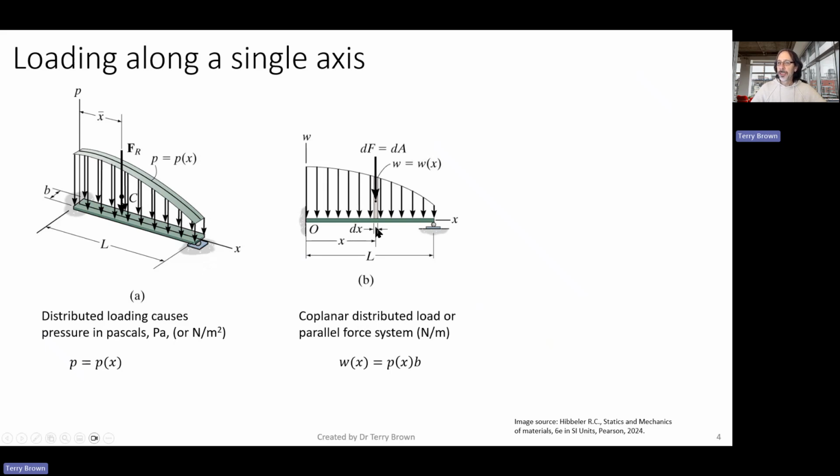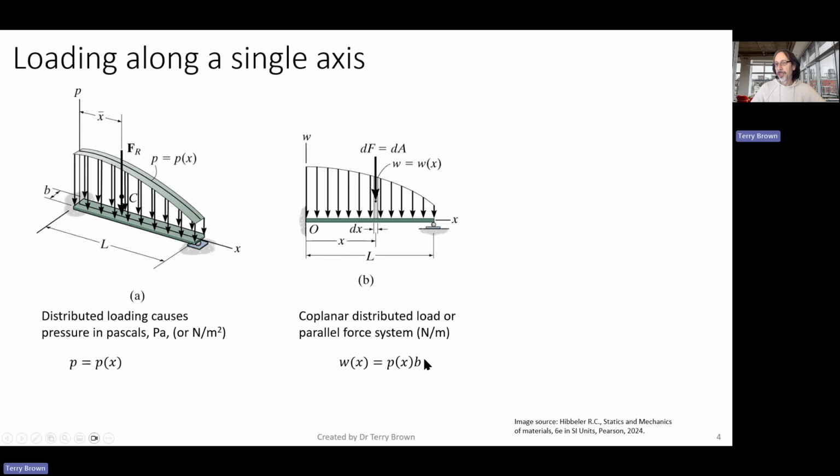We'll say that the loading is a force per unit length, whereas with the pressure we have force per unit area. The general distributed load is described as a function of x, w(x). Note that this is not multiplication; it's saying that the distributed load is some function of the position x along the beam.